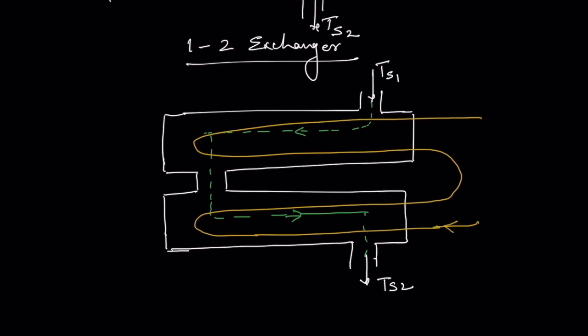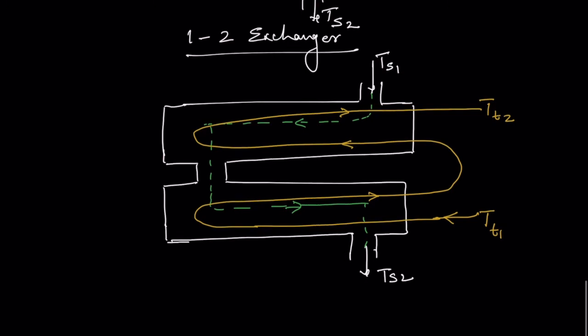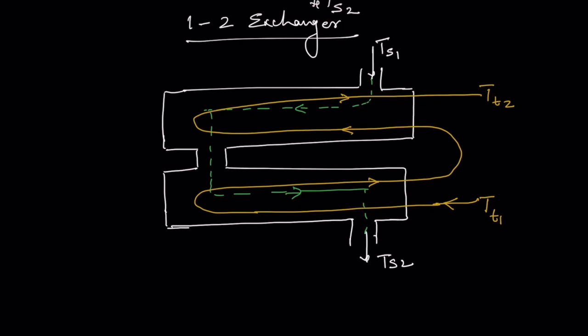So it's entering here and going this side. So in the lower shell it's making two passes, and in the upper shell it's making two passes. So temperature T1 of the tube at entrance 1, and temperature T2 of the tube at the exit. So this type of heat exchanger is the 2-4 exchanger.